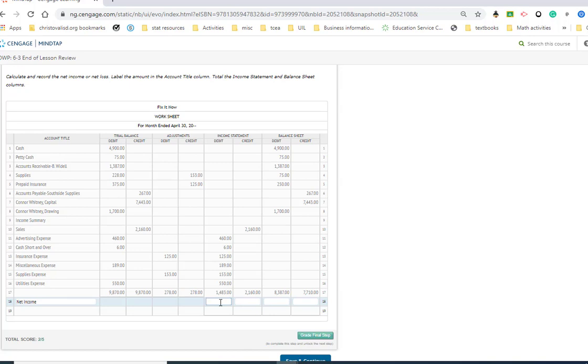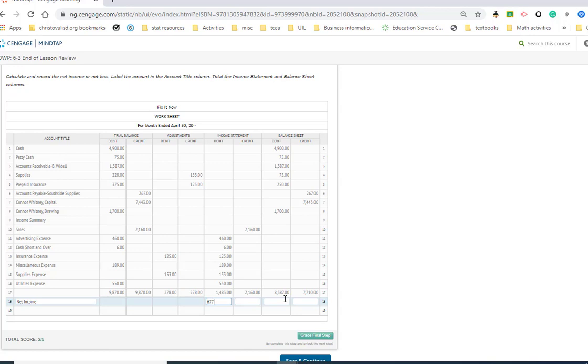So when we subtract 2160 minus $1,483, we come up with $677. That number should be the same difference between these next two numbers.